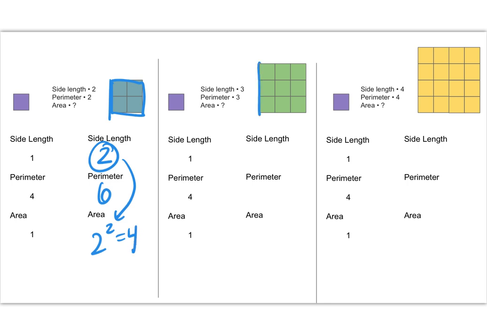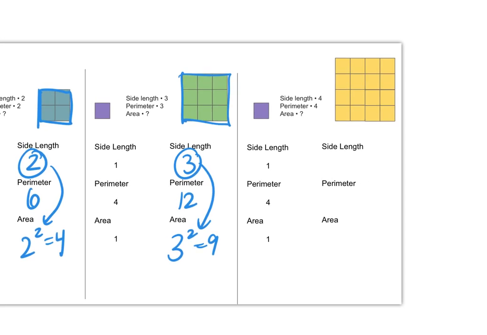Side length is 3, the perimeter is 12, and the area is 3 squared, which is 9. Side length is 4, the perimeter is 16, the area is 4 squared.